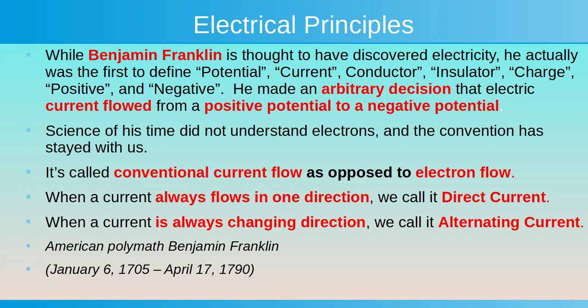It's not the way it really works, but it's just been so long, and in most cases, it doesn't make any difference which way, whether you use conventional current flow or electron flow, which also isn't exactly correct.